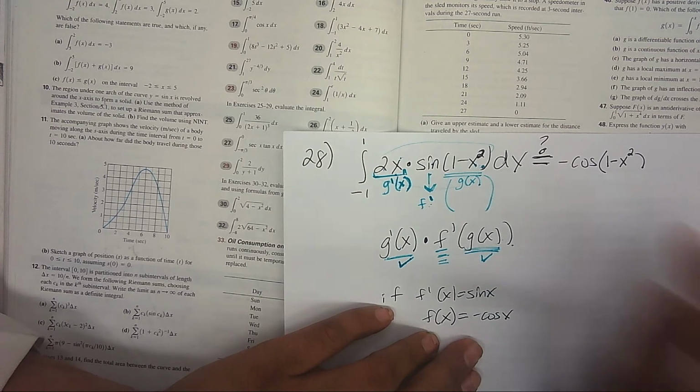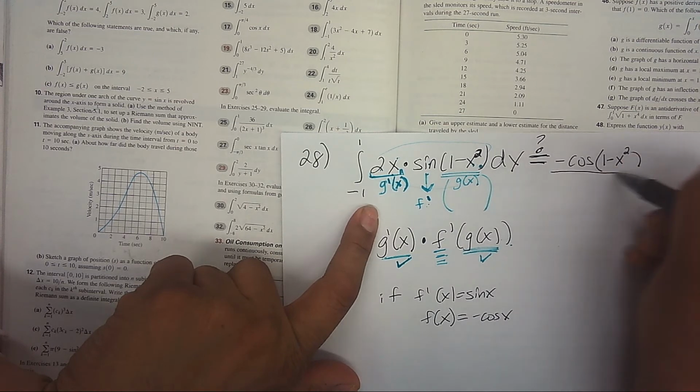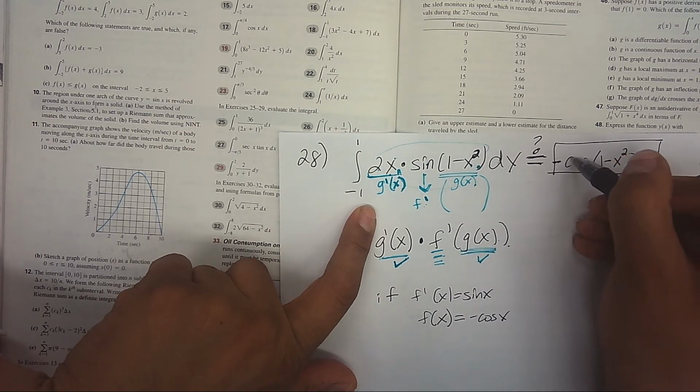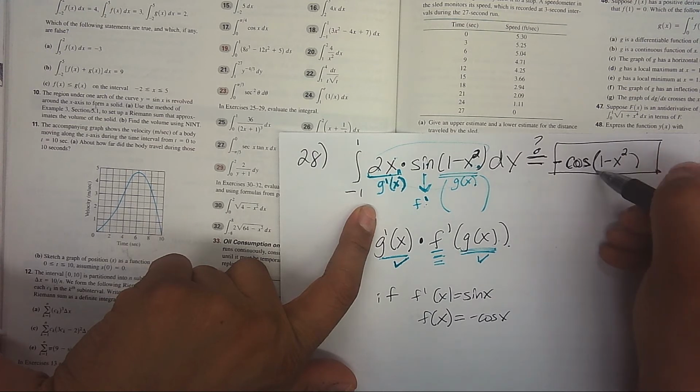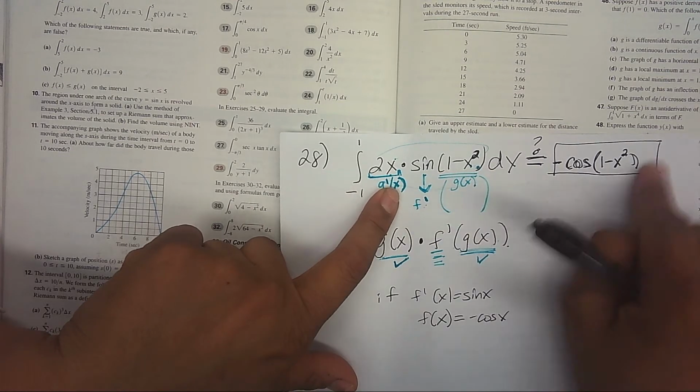Before you go plug in anything in here, before you plug in 1, before you plug in negative 1, can you please confirm that this is the correct antiderivative? Take the derivative of this and confirm that you get 2x times sine of 1 minus x squared. I'll do it with you.